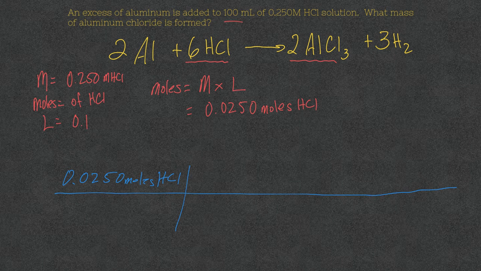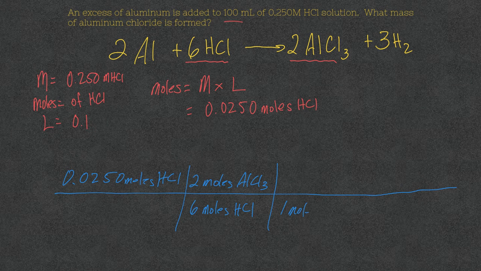According to my balanced chemical equation, I look at my coefficients to convert moles of what we know to moles of what we're looking for. So there are 6 moles of HCl, and that reaction will produce 2 moles of aluminum chloride. Now I just continue on with my dimensional analysis and solve for grams.